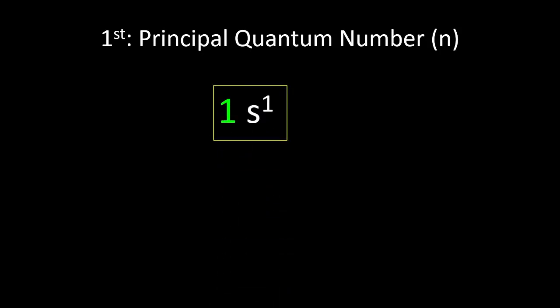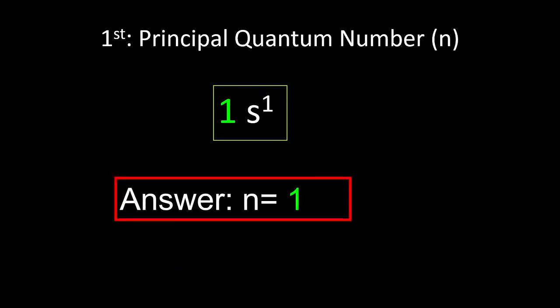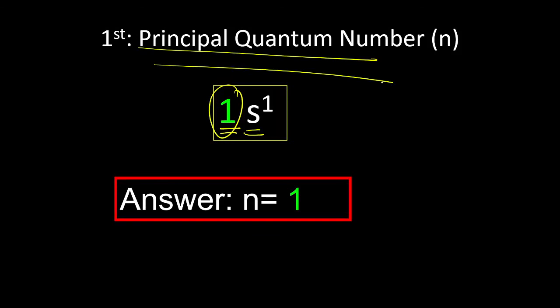What is our first quantum number here? I heard someone say the answer is 1. Because as I said a while ago, the number before your letters is the first quantum number, the principal quantum number, and that is 1.